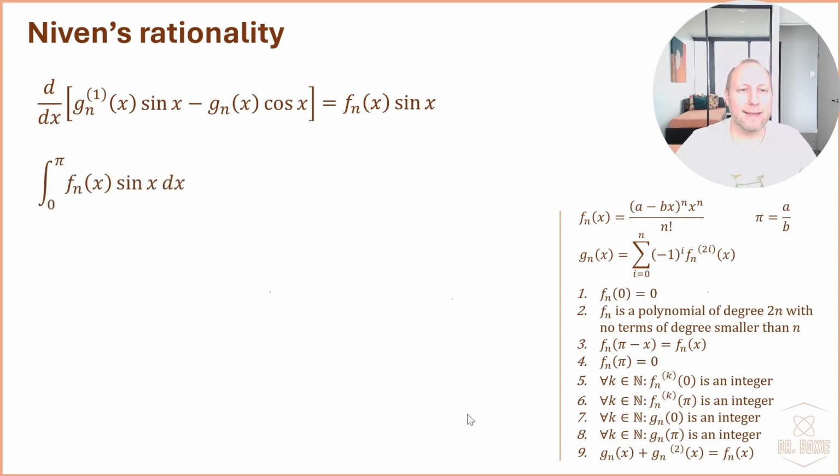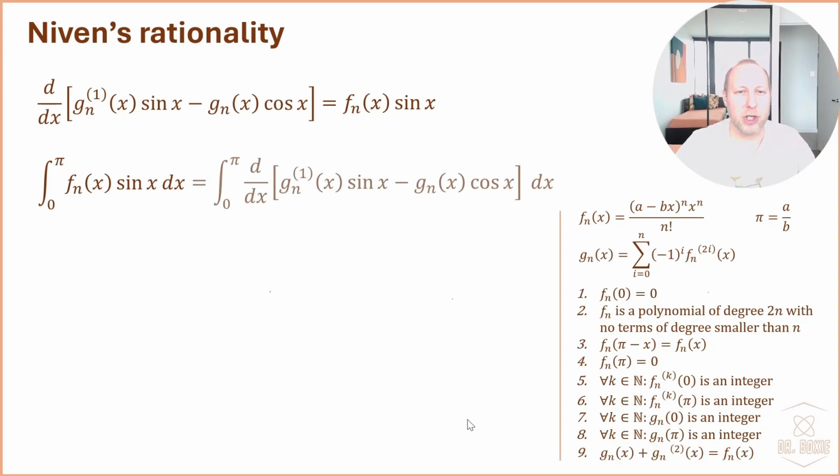But that means that the integral of fn times the sine from 0 to pi, well, what we can do is just replace fn of x times sine with this whole expression here. And we get the integral of a derivative, which by the fundamental theorem of calculus tells us that that is just the thing within the derivative evaluated at the boundaries.